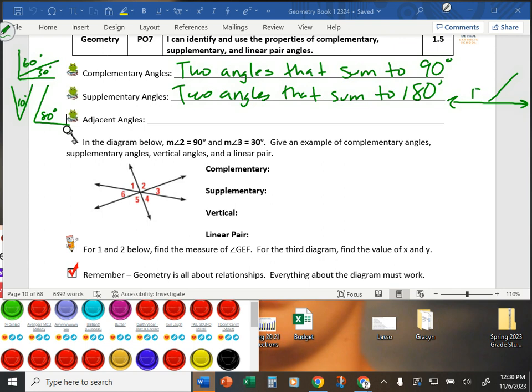If you've got 130 degrees here, 50 degrees here, because they sum to 180, they are supplementary. They also are a linear pair because they make a line. However, they don't have to be 80 degrees and 100 degrees. They don't have to be adjacent angles. Any two angles that sum to be 180.